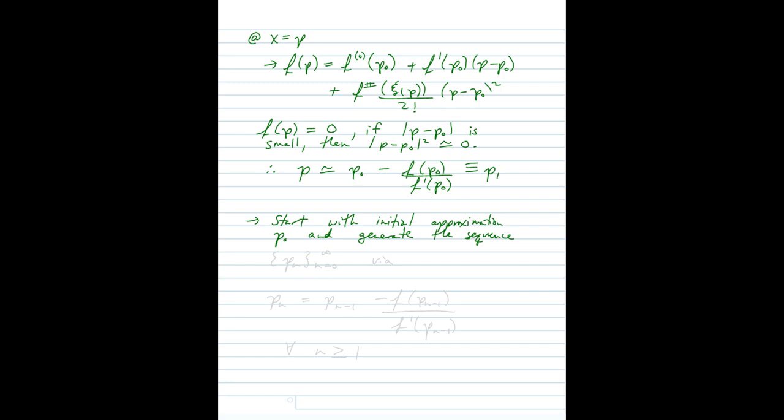The sequence is going to be P sub n, n equals 0 to infinity, via the formula P sub n is equal to P sub n minus 1 minus f of P sub n minus 1 divided by f prime of P sub n minus 1. And this is going to be for all n greater than or equal to 1. So we'll go ahead and program that up in VBA.